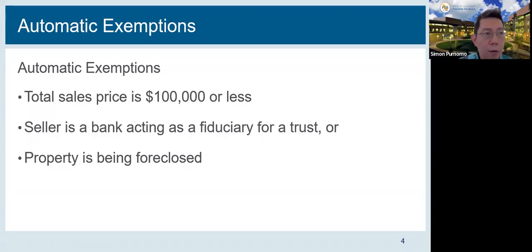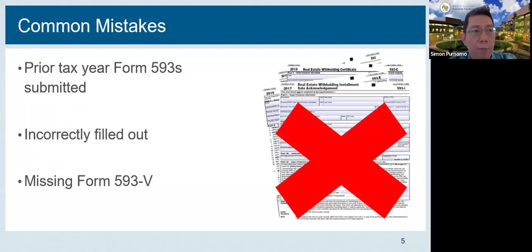Now, let's talk about some common mistakes. During the Form 593 process, there are a handful of common mistakes that we have encountered. So the first common mistake is the old version of the form is being submitted. Let me show you my form example here.